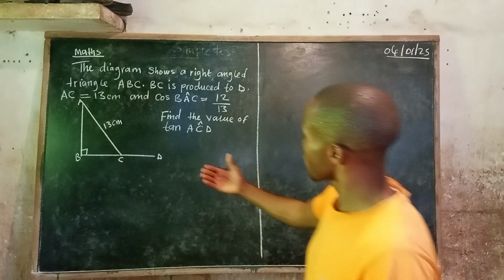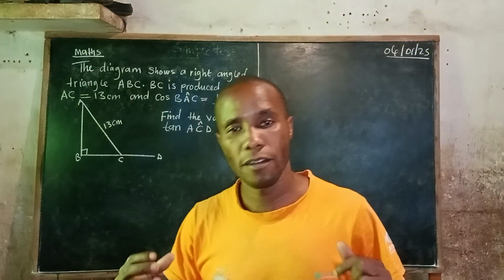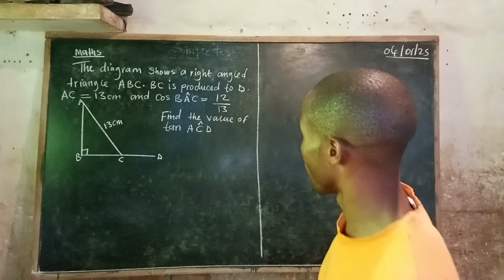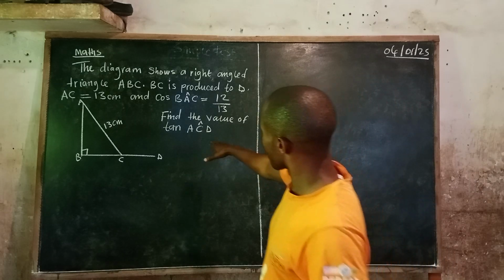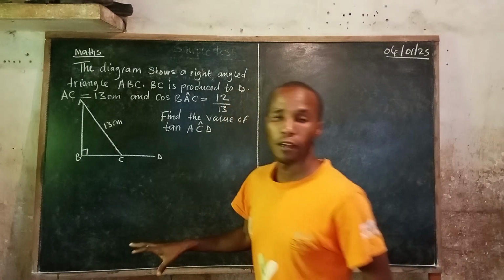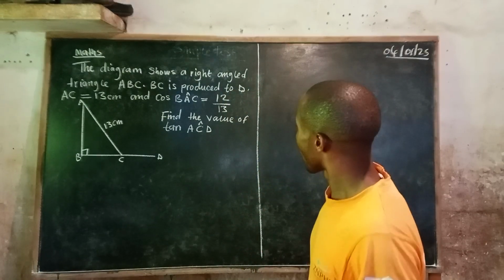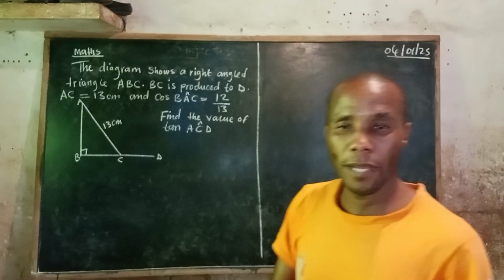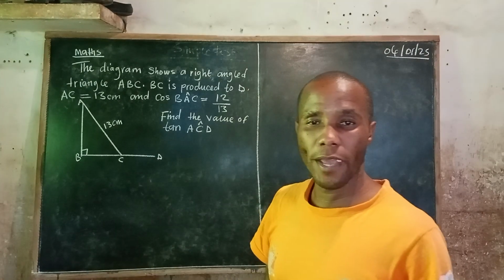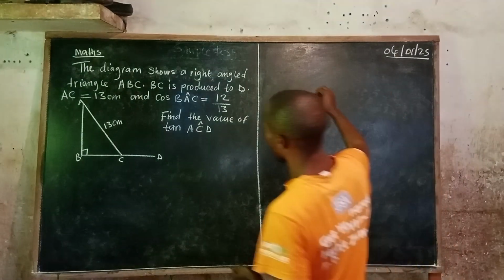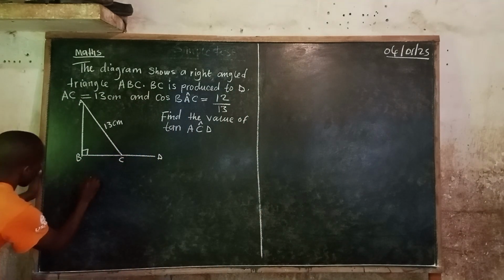Since the triangle that we are given is the right angled triangle, for us to find this particular value for tan ACD, we need to use the trigonometric ratios, where we are going to introduce the word called SOHCAHTOA.